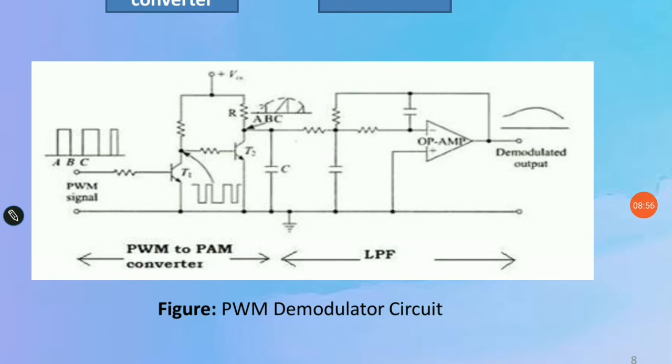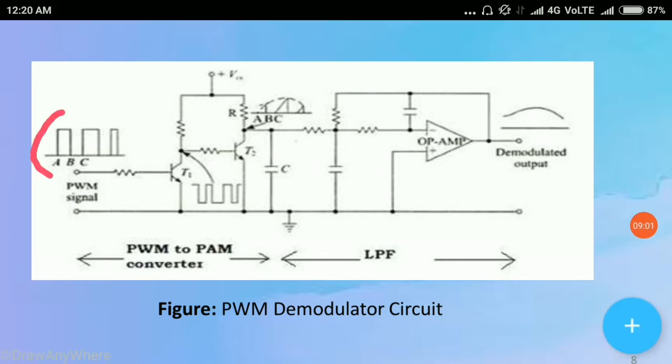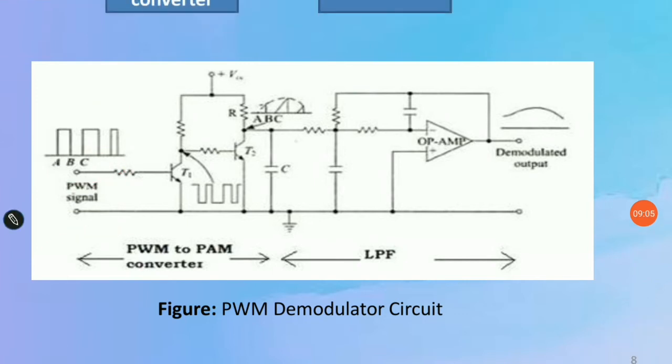Hence, during the time interval A to B, here you see this is A to B, when the PWM signal is high, then the input to the transistor T2 is low. Therefore, during this time interval, the transistor T2 is cut off and the capacitor C gets charged through the RC combination.